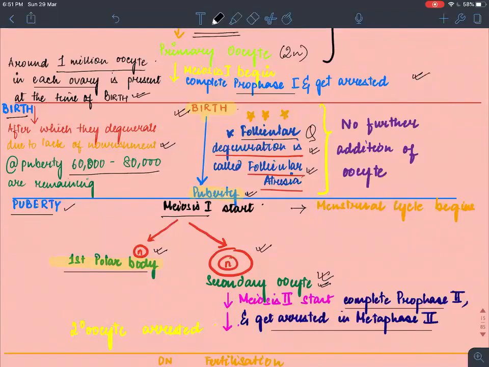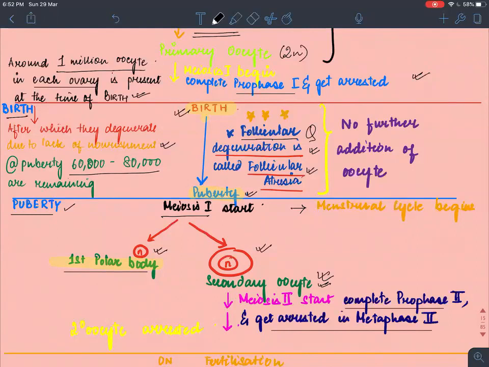So the release of the egg cell, or ovulation, is the release of the secondary oocyte. Ideally speaking, we should not say that the egg cell is released on the 14th day of the menstrual cycle. It is always the secondary oocyte which is released.